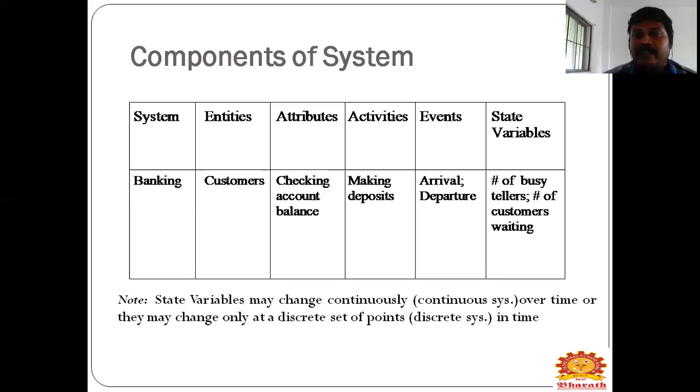If more customers are coming, the busy tellers will be increased. If the customers are fewer, the busy tellers will be fewer. And here there is a note: a state variable may change continuously over time, or it may change only at a discrete set of points, like in the discrete system.